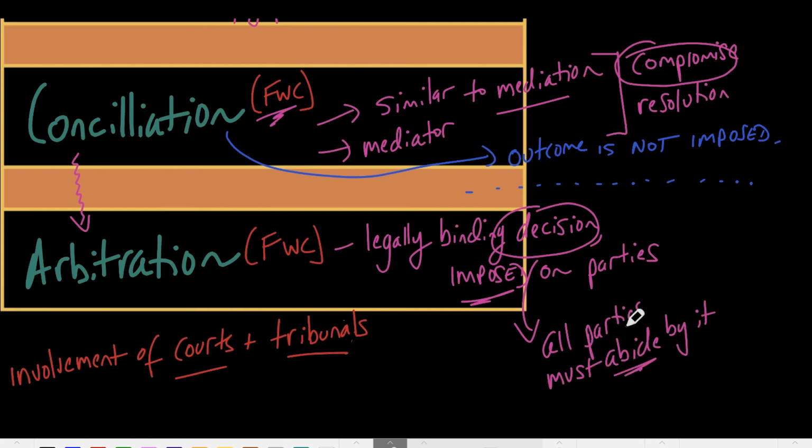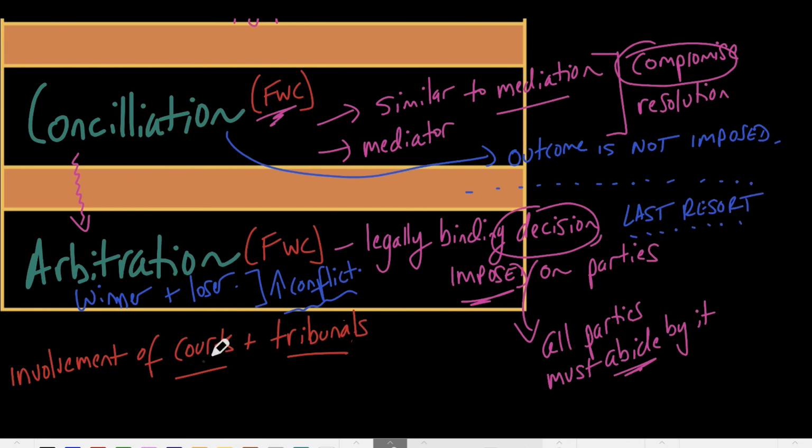They must follow it. It's really a last resort. It would be much better if parties can find their own solutions. So the key part here is that whatever the Fair Work Commission decides is legally binding, it is imposed on all parties, and everyone has to follow it. You get your winner and you get your loser.